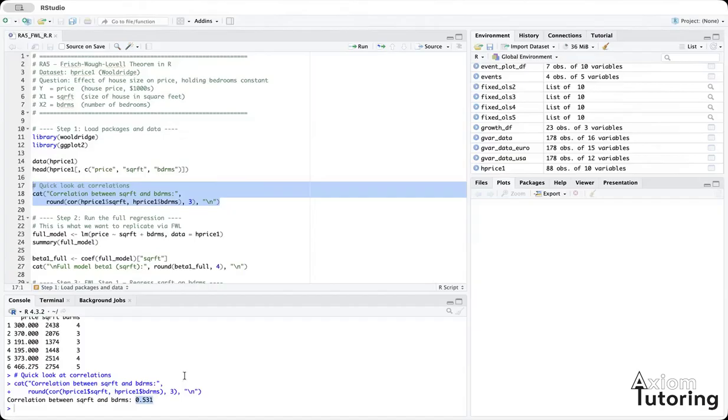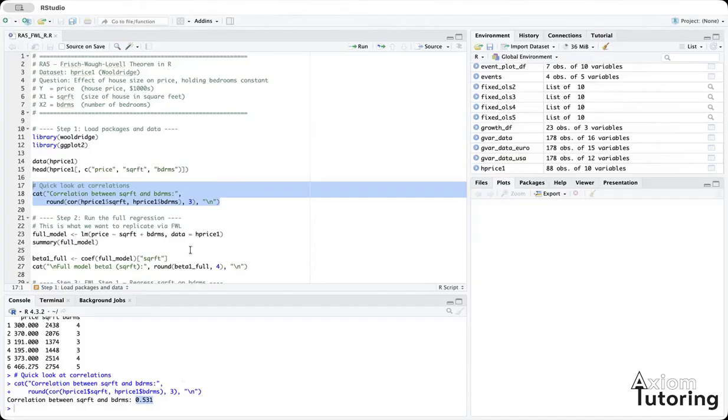This is a positive correlation, and we can see that it's quite strong. It's almost halfway to a correlation of 1. So we should be expecting to see positive coefficients when we run our regression in terms of the relation between surface area and the number of bedrooms.